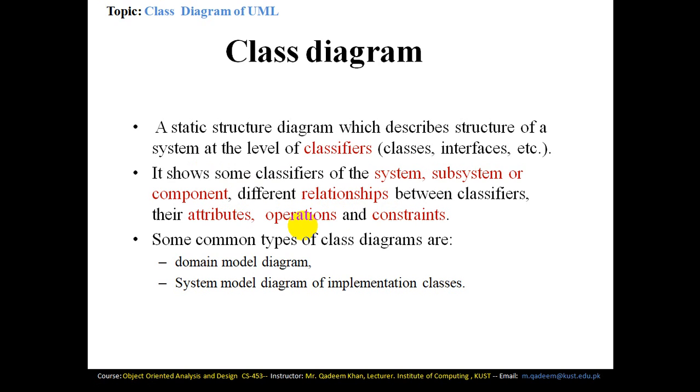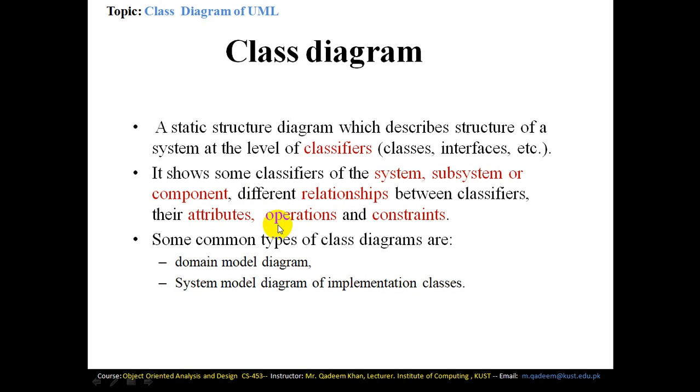So basically, the class diagram shows one system, or it may be a part of the system, or it may be a component of the system which has certain relationships with each other. And also a class diagram has the attributes, which are the main sections. Attributes mean the data which is processed by the class. And also we have certain operations.